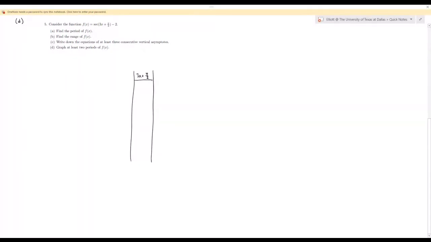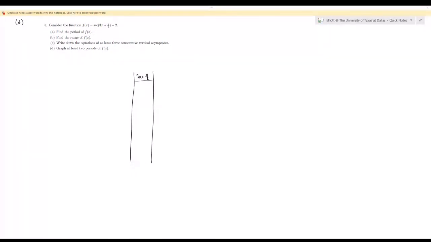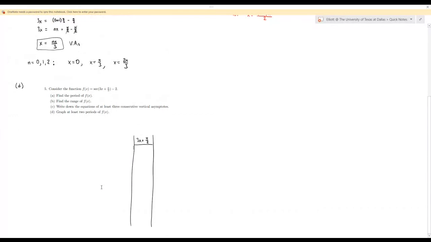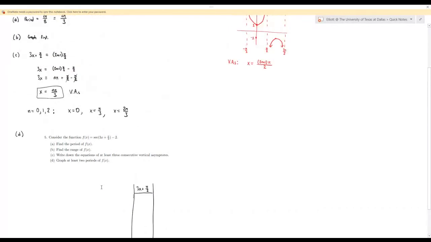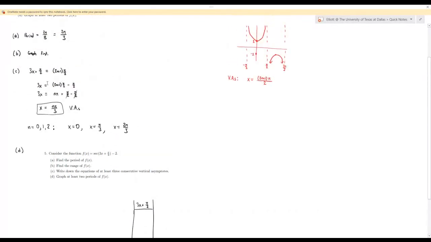Let me see what that was. What happened to the 2n plus 1? Okay, so over here, what I did was I distributed the pi over 2 into the parentheses.